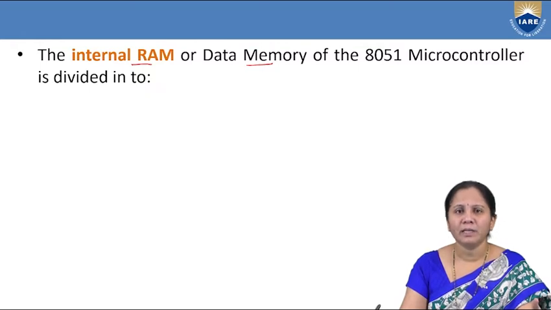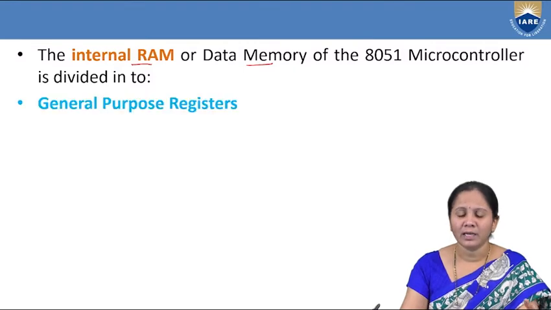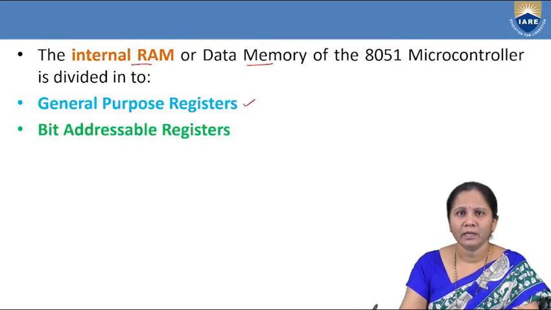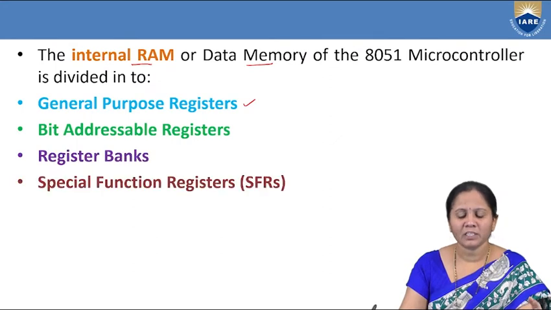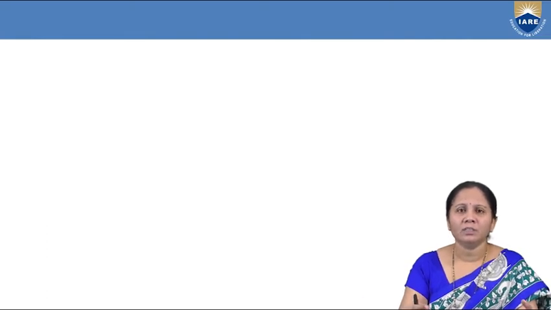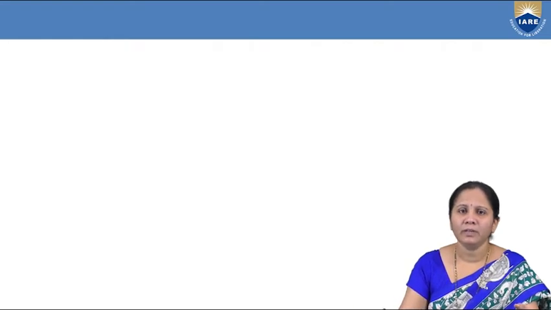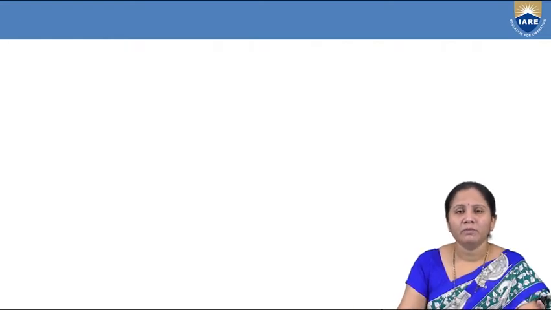This RAM is divided with the help of different registers: some amount of RAM is given to store general purpose registers, bit addressable registers, register banks and special function registers. All these are the registers present inside the internal RAM of the 8051 microcontroller. Now we will discuss all these registers in detail.